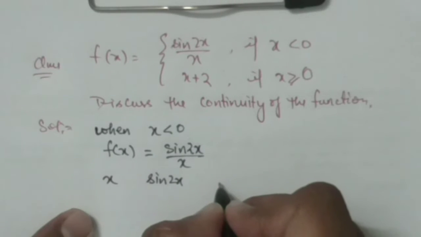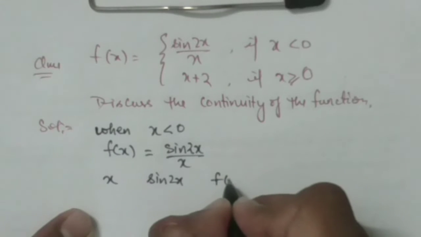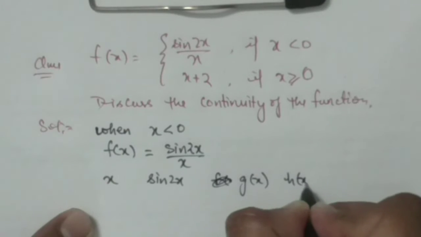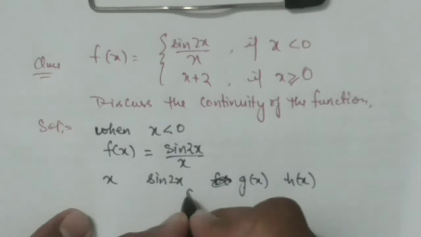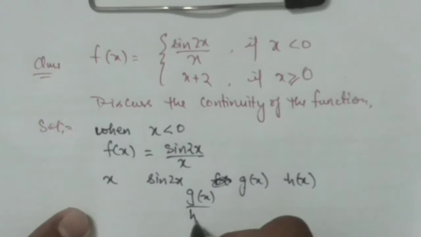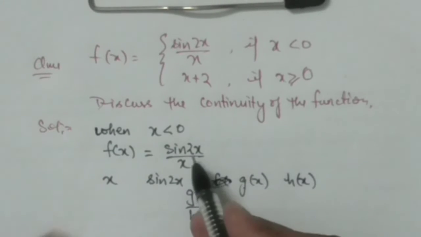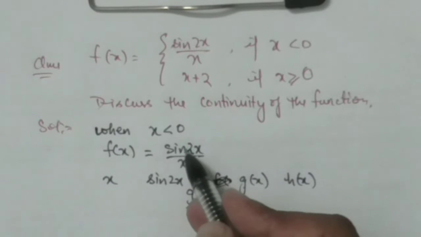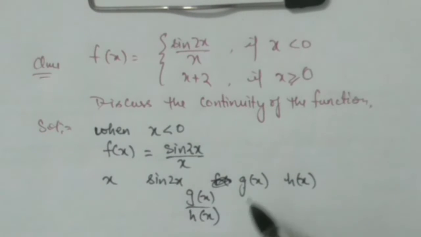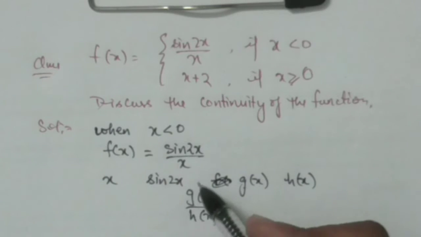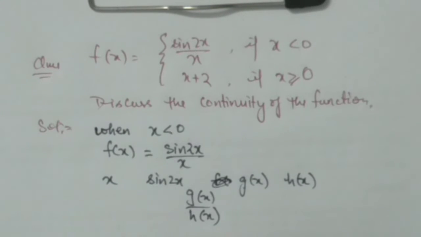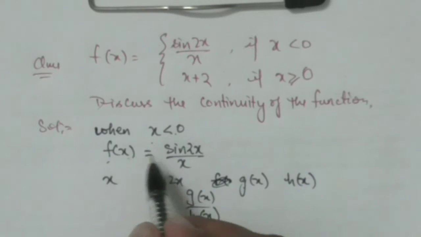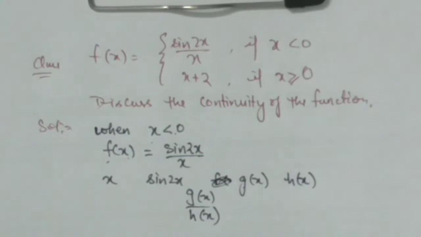So when two functions g(x) and h(x) are continuous, then g(x) upon h(x) is also continuous. So sine 2x upon x will also be continuous, right? So when x is less than 0, this function f(x) is continuous.